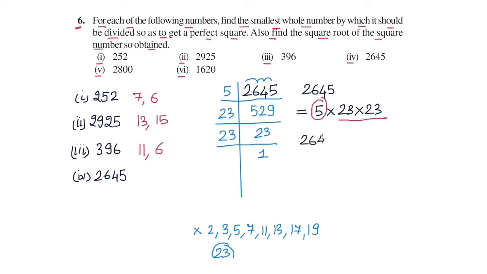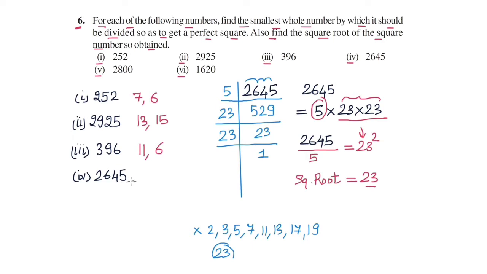We can remove this 5, so for that we need to divide 2645 by 5. If we do that, we are left with 23 squared only. Dividing 2645 by 5, we get 529, and the square root of 529 is 23.